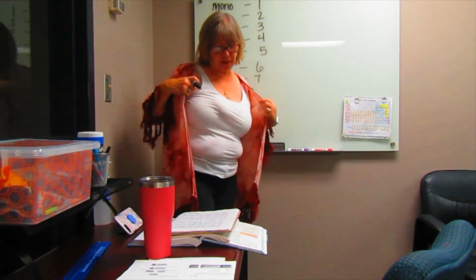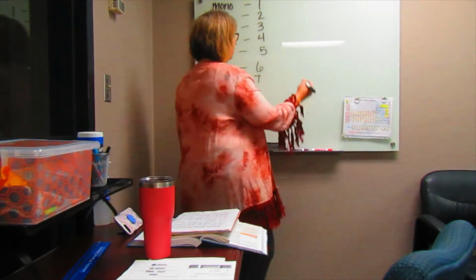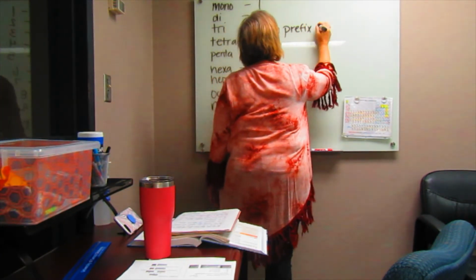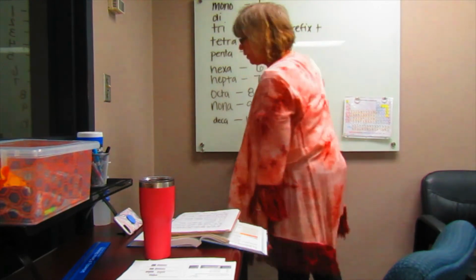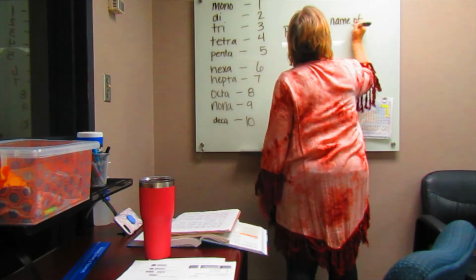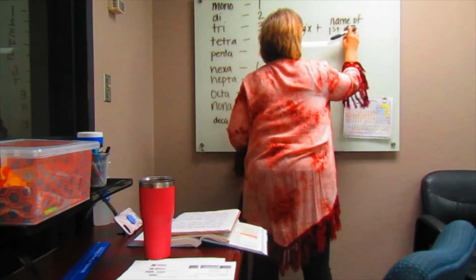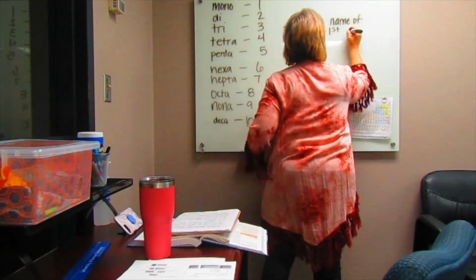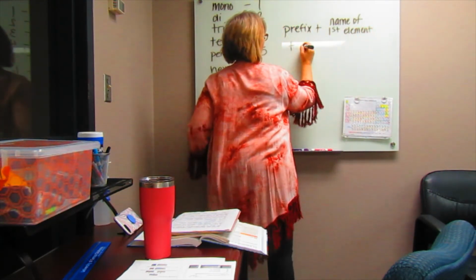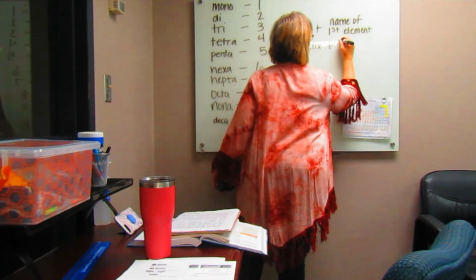And so binary or two element compounds, molecular compounds, take on the form: you have your prefix, then the name of the first element, and then you have another prefix, and then the name of your second element.